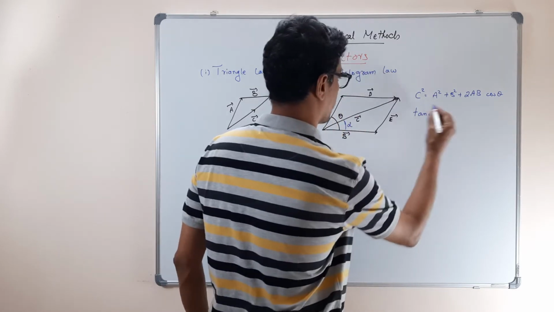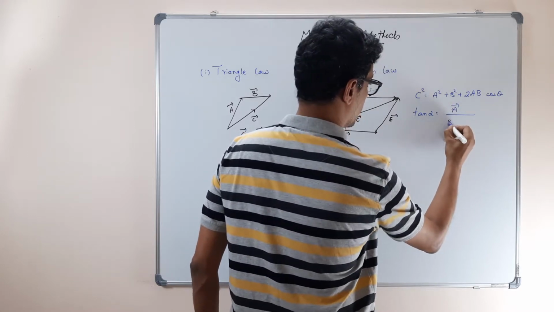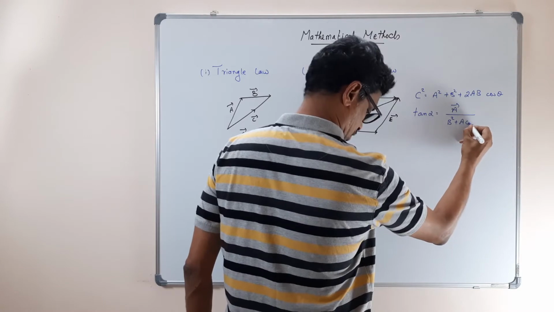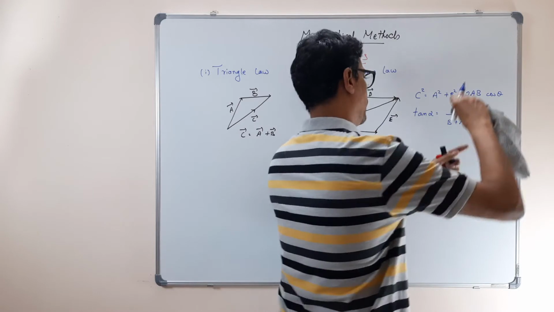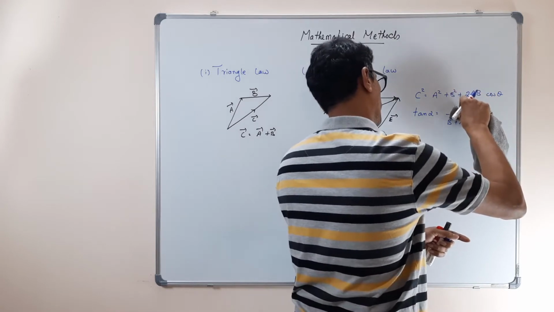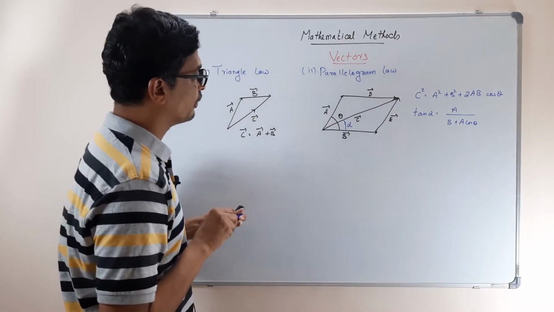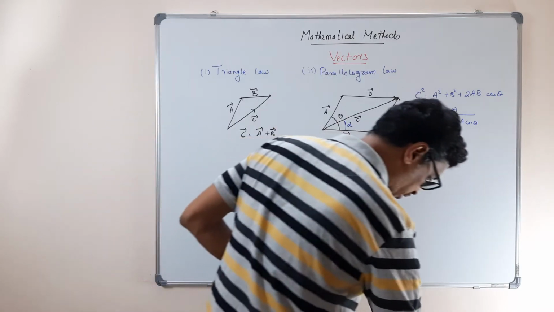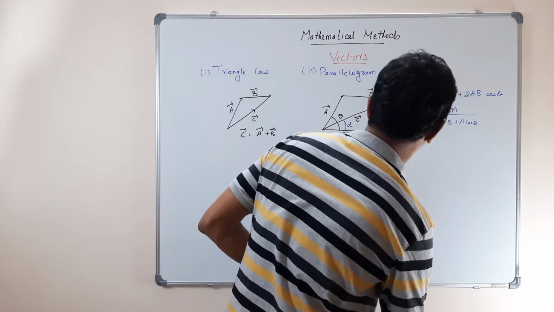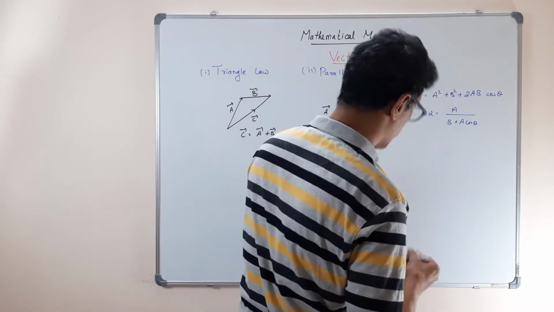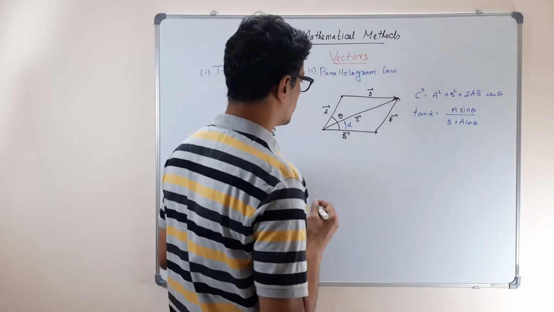So this will be, yeah, correct: A sine theta divided by B plus A cos theta, the magnitudes. So this is the way the angle is also defined. Am I right? Yes, that's right. Because A sine theta is this. We have proved it yesterday, correct?